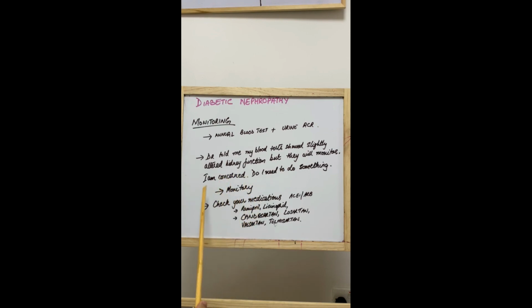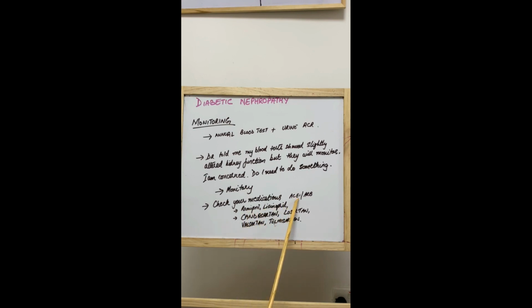Now, the kidney function reduces gradually over a period of years, or say about decades. The treatment offered will depend on how serious the problem is. So when they've mentioned to you that your kidney function is slightly altered, ask them if they can give you a copy of the results, or if you can go through them, and also check your medications to see if you are already on any of these medications. If you're not on them, then have a discussion.